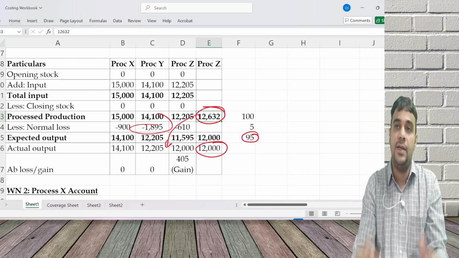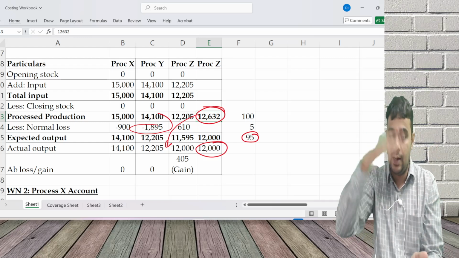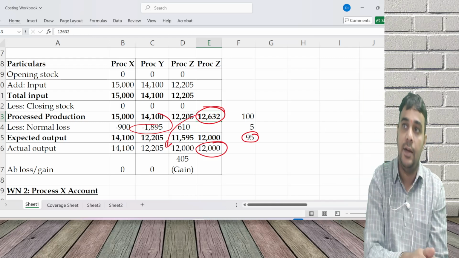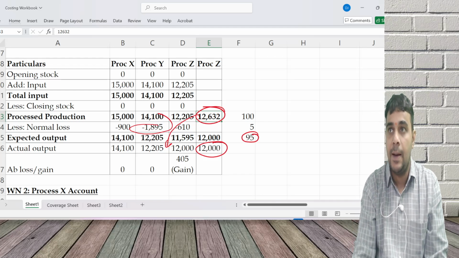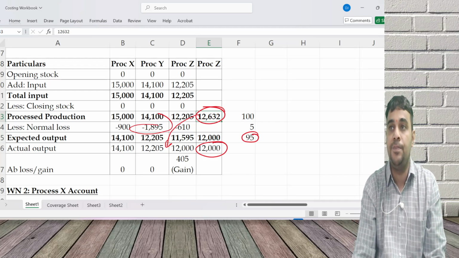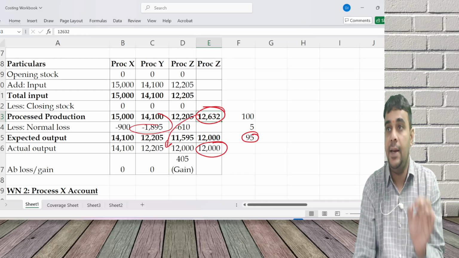Then it would have become very simple. 15,000 is the output of the first process. Last process, from output I get the input, and the second process loss is the balancing figure. Any doubts? Done with process Z.